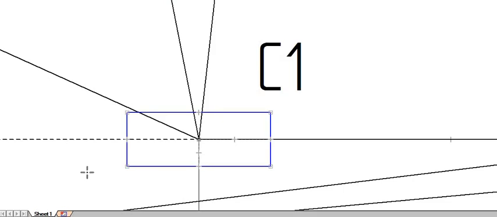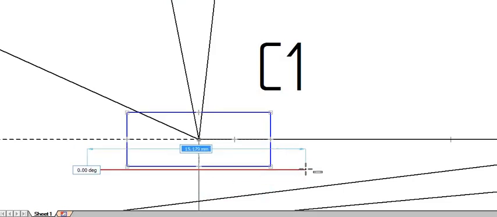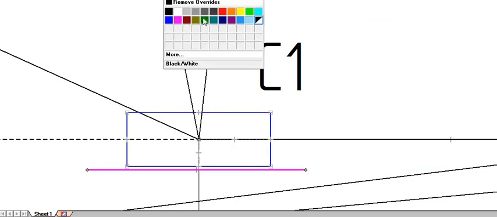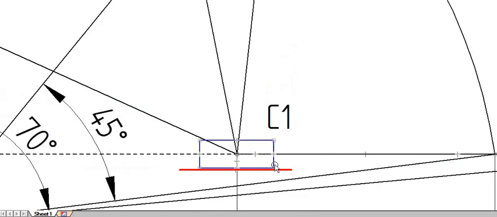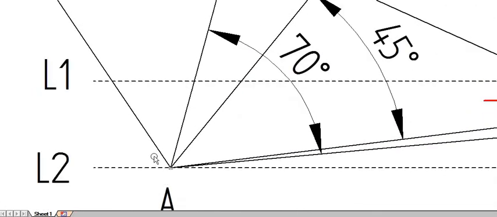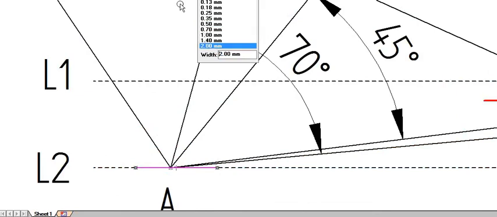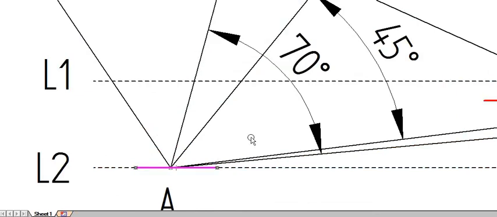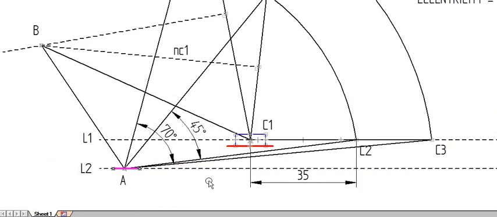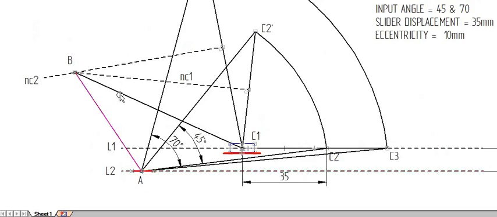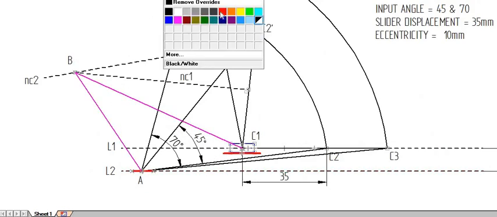Now I have to draw the pathway for the slider. So this is my pathway, giving it as a thick line with thread. Also the crank center, so here also a fixed link should be shown. So this will be the required mechanism, which I have shown in red color.